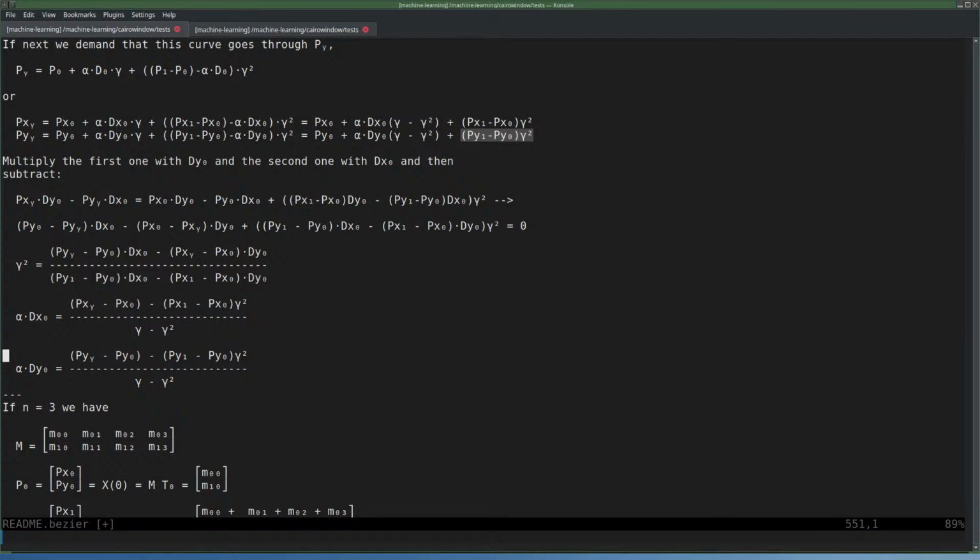And then we realize that D0 is a direction vector, so I can square both sides, and then we get alpha squared. Alpha had to be positive, so why not?